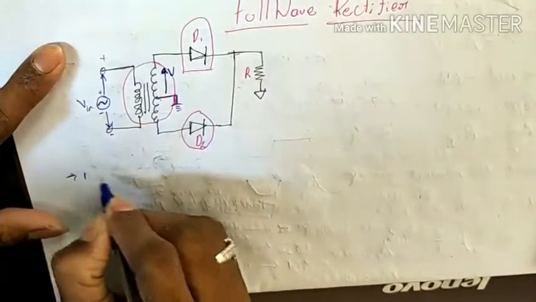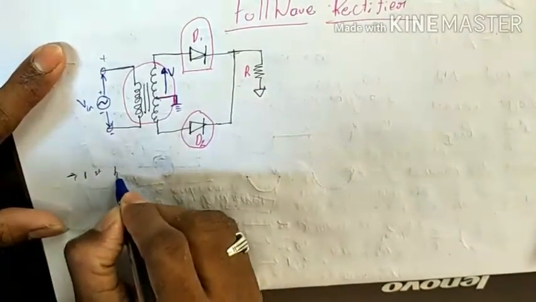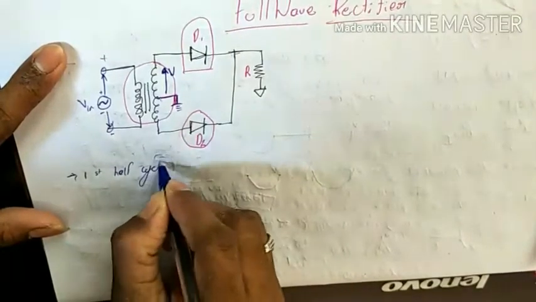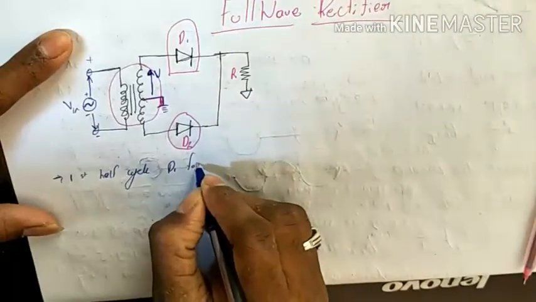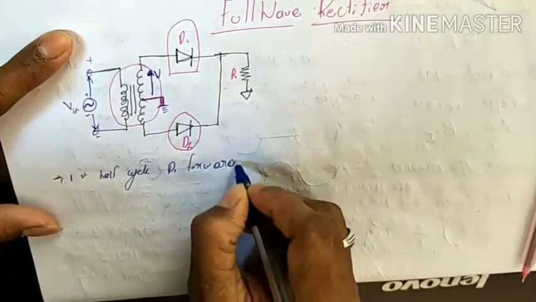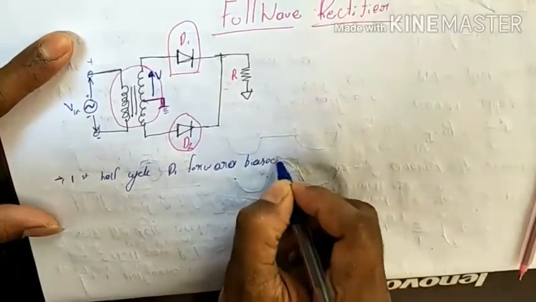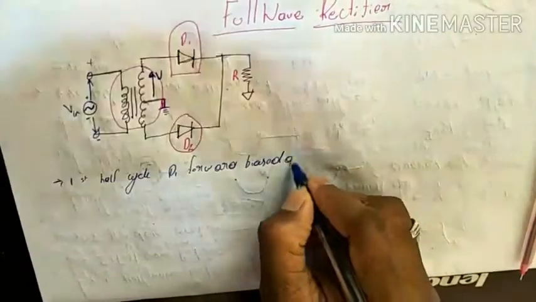In the first half cycle, D1 is forward biased and conducts.